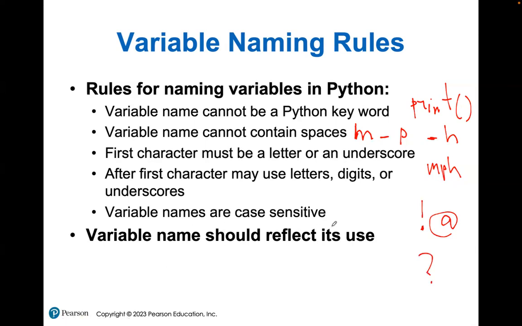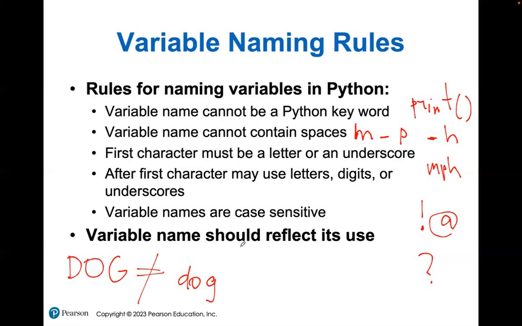And your variable names are case sensitive. What that means is, for example, if you have a variable DOG, all capital letters, it is not the same as a variable dog, all lowercase letters. So that's all that you need to know. Case sensitive, these two are not the same. And I almost forgot the most important part.